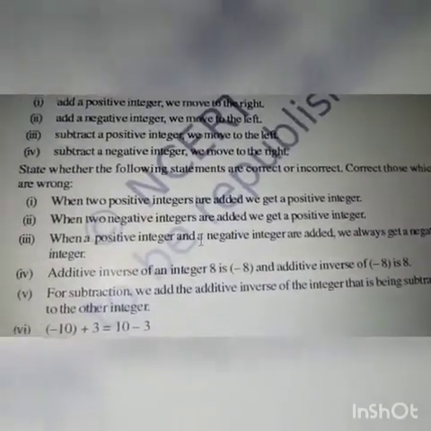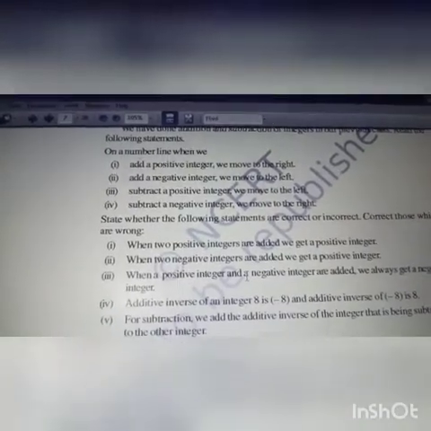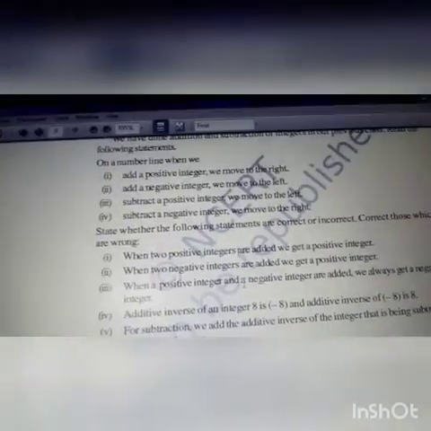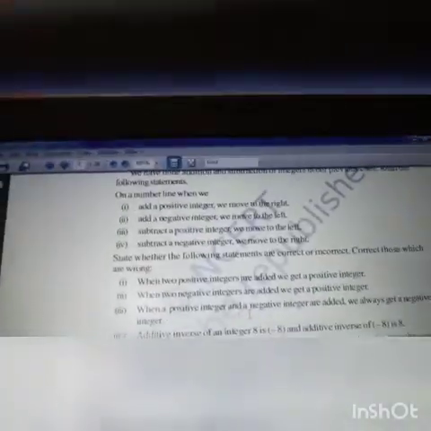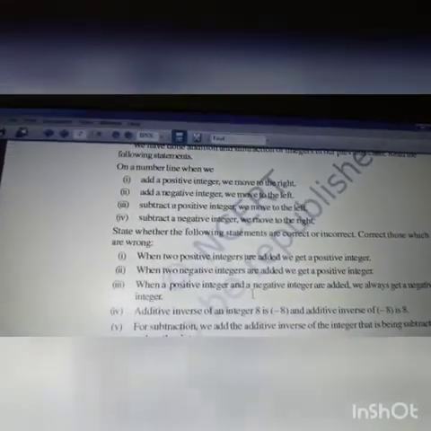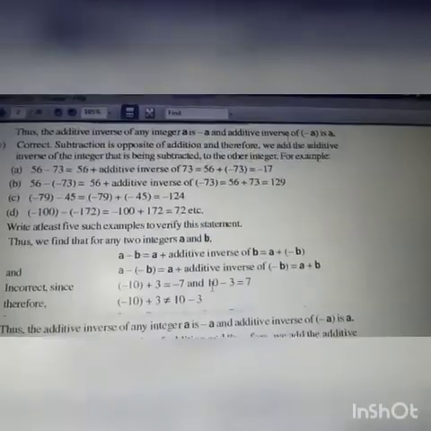For example, if plus is given, you will add both values and put the plus sign. If minus is given, you will add it and put the minus sign. If it is plus and minus given, you will subtract it and put the sign of the greater number. That is the only difference in addition and subtraction of integers.